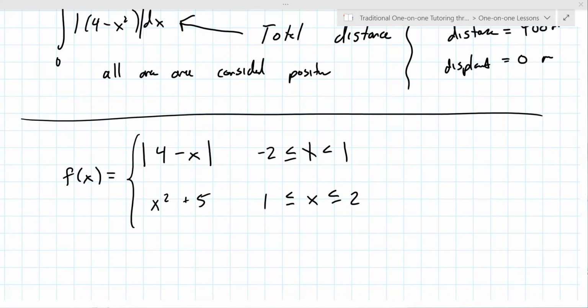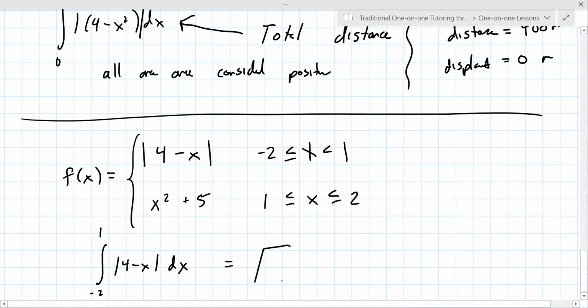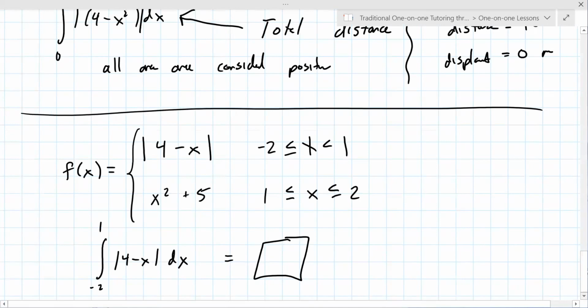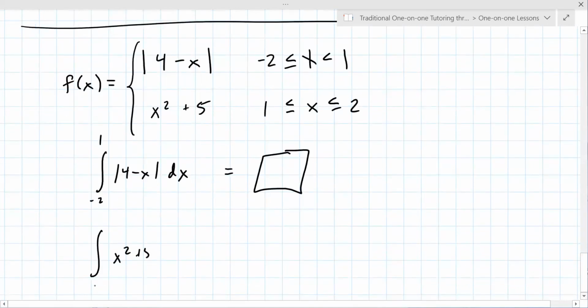Well, using your calculator, you would have to make up the integrals though. Yeah, I would just go to your calculator and go integral from -2 to 1 of the absolute value of 4 minus x dx. That'll give you a number. Plus, and then you have to do the other one: the integral of x squared plus 5 from 1 to 2. And then you just add those together. Yes.